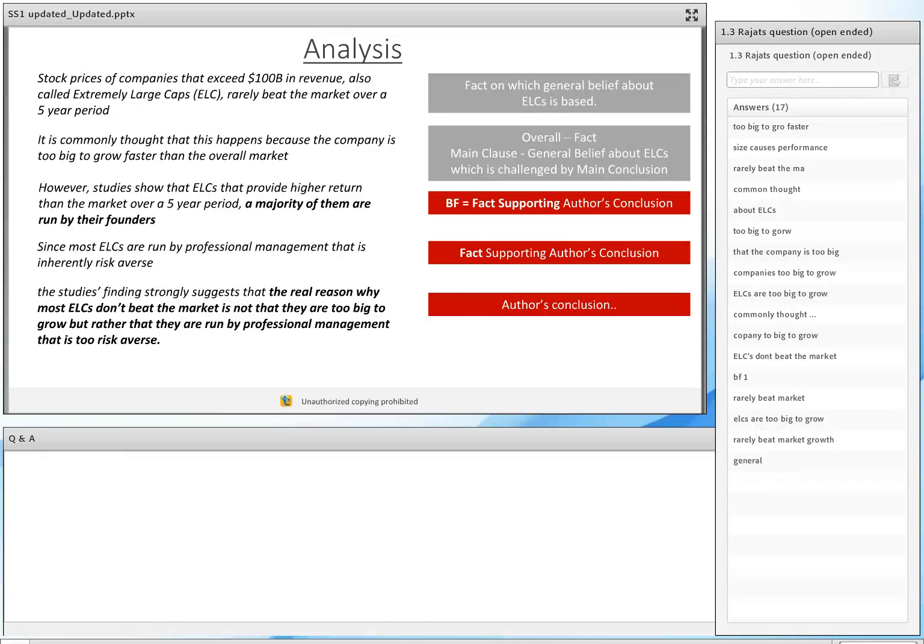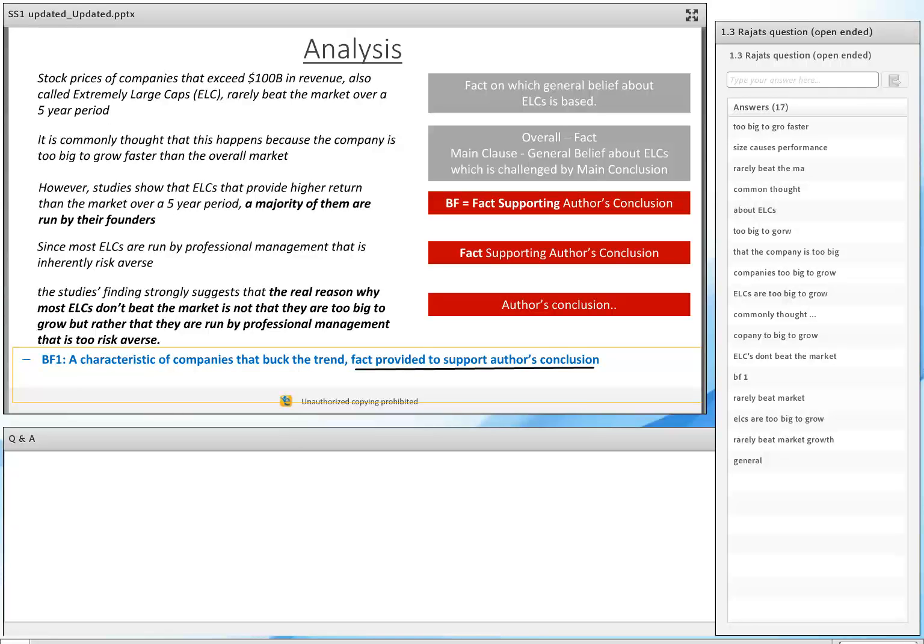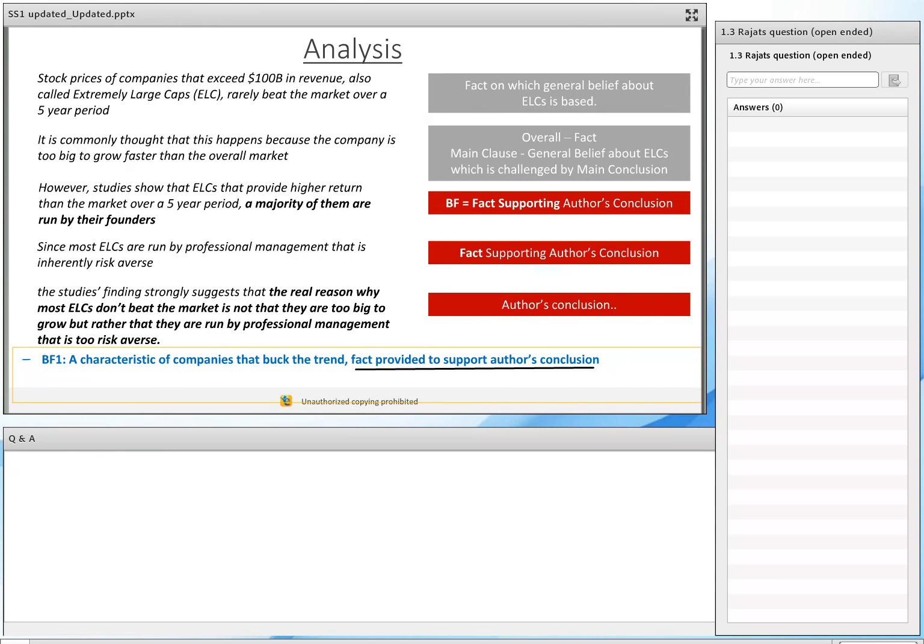So when you think about the boldface statements, boldface 1 is a characteristic of the companies that buck the trend. It is a data point, which is a fact, provided to support the author's conclusion. Can you guys see that? It's a characteristic of the companies that buck the trend.